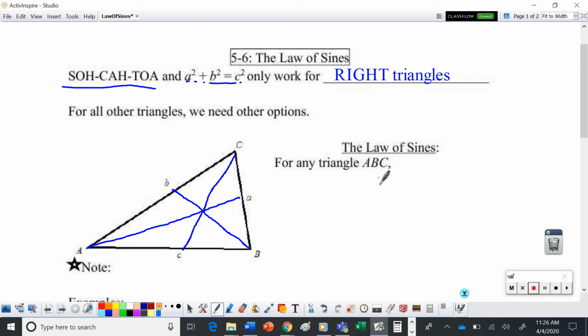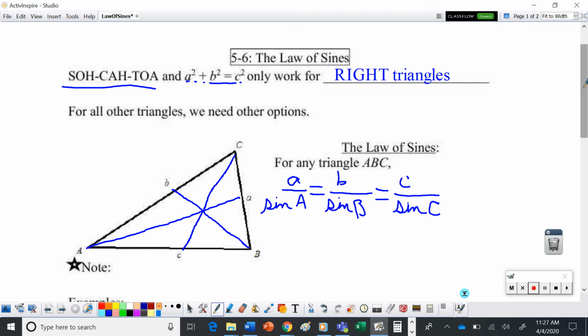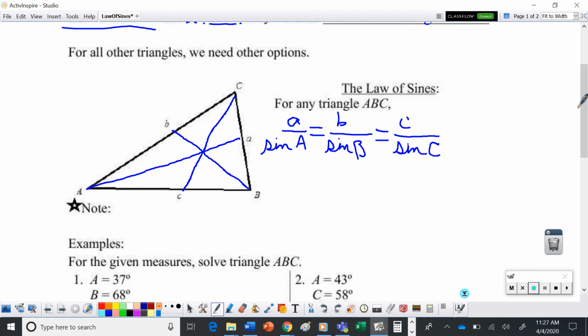Now, for any triangle labeled as such, if you take side A and you divide it by the sine of angle A, that's going to be equal to side B divided by the sine of angle B. But wait, there's more. That's also equal to that third side, C, divided by the sine of angle C. So the side divided by the sine of the opposite angle is going to be a consistent ratio.